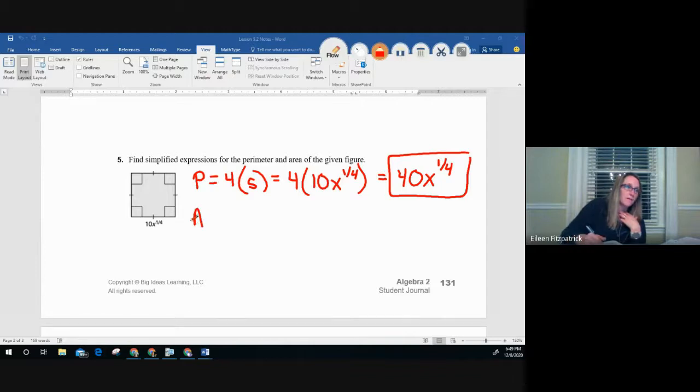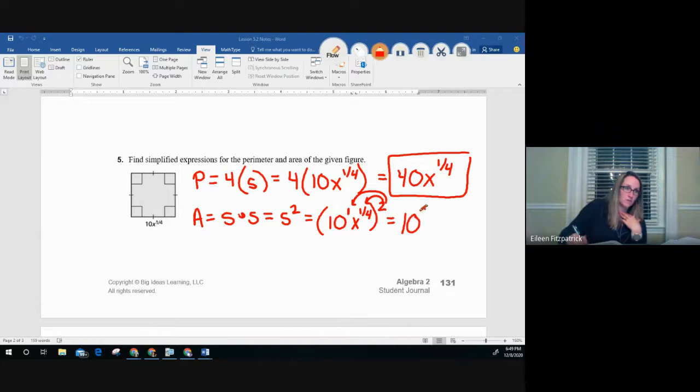For area, to find the area of a square, we do side times side, or we often write that as side squared. Since the side is 10x to the 1/4, we're going to square that. Using properties of radicals, the 10 has an exponent of 1, even though we don't write it. The exponent on the outside gets multiplied with the exponents on the inside.